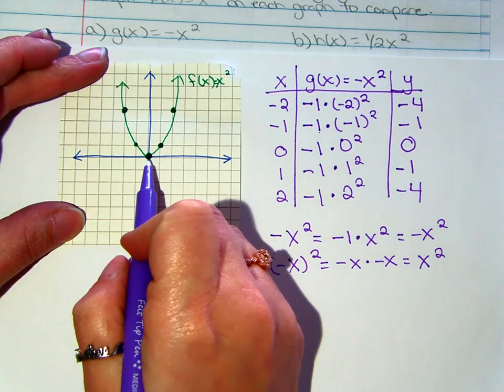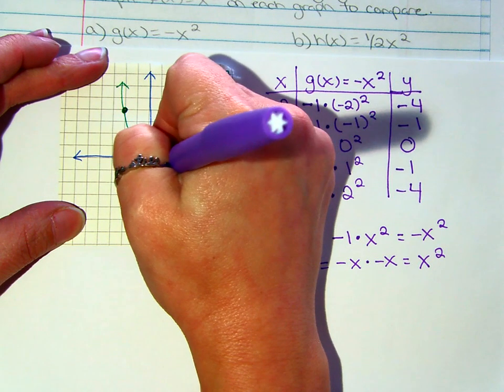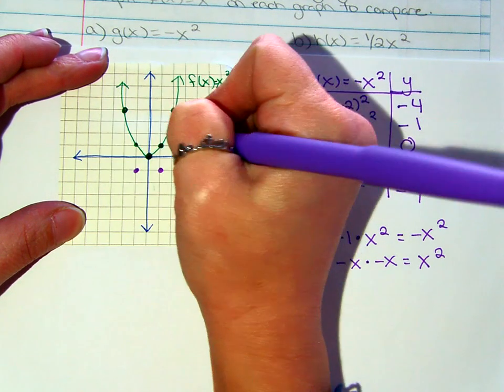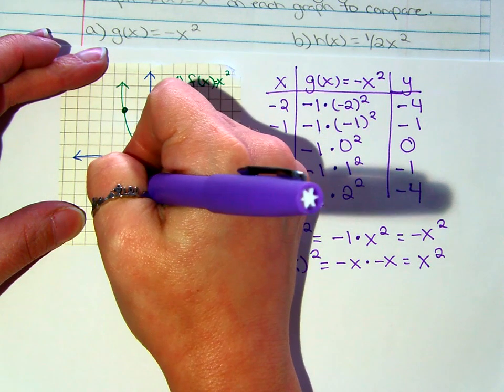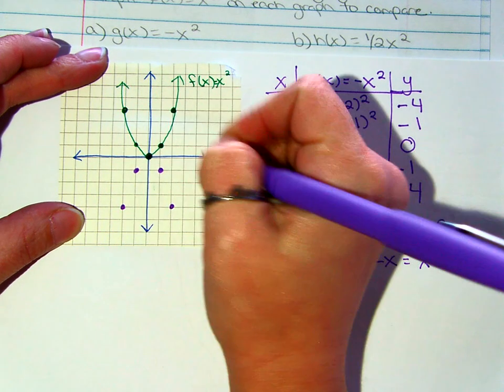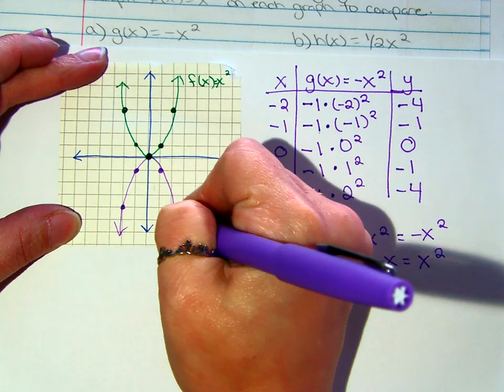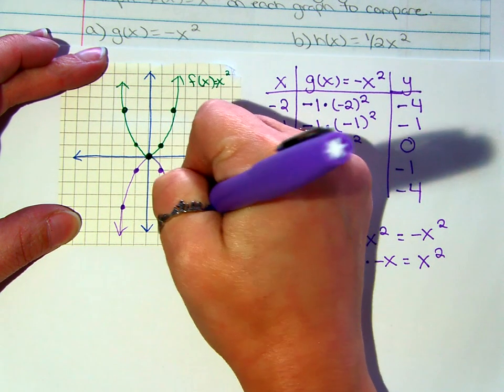At negative 1, I'm at negative 1. At positive 1, I'm at negative 1. At negative 2, I was at 4, so it's 2, 3, 4. And then I was down at negative 4 over here. Whoops, that's a g of x.